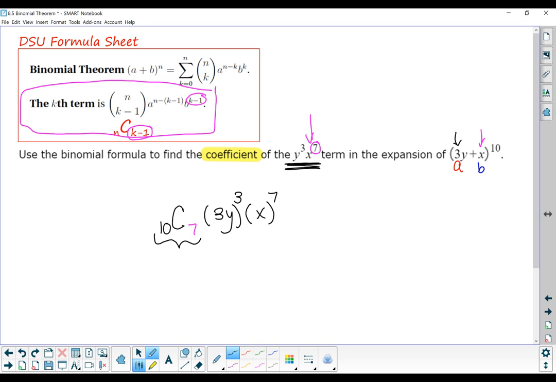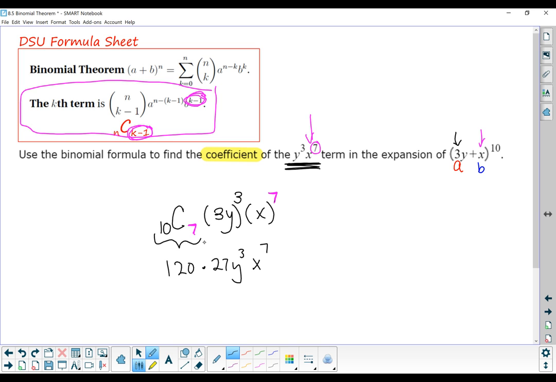So 10c7 is 120. This is a 27y to the third and an x to the seventh. And again, you want to watch that the power you use here is the same as the number here. And on the formula sheet, that's listed as a k minus 1.